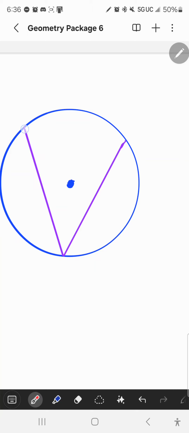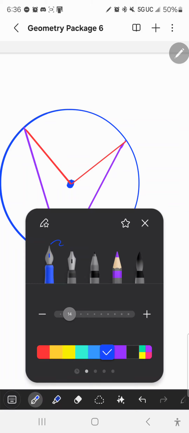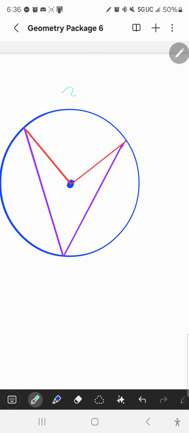I'm going to say that the measure of this arc is going to be 2x.